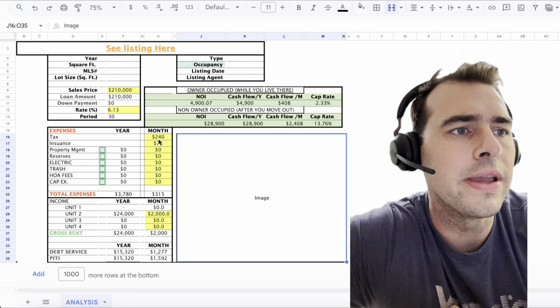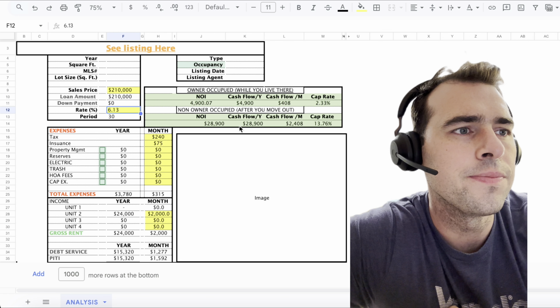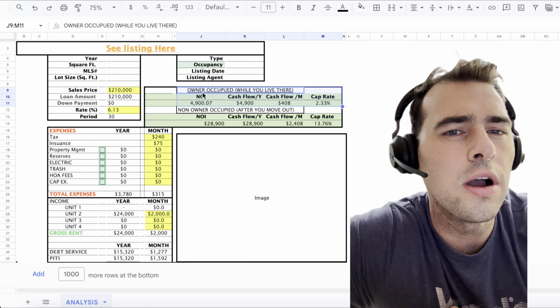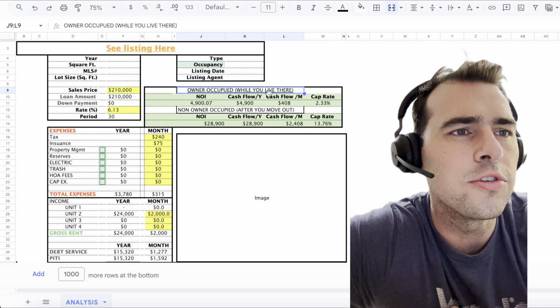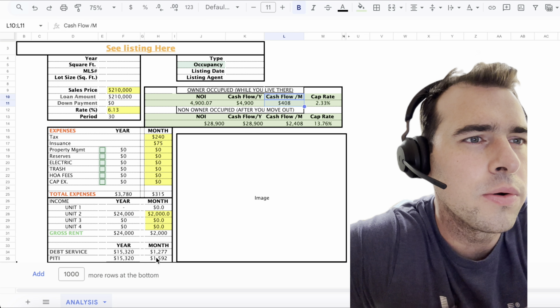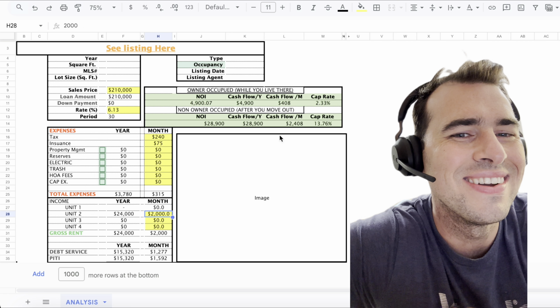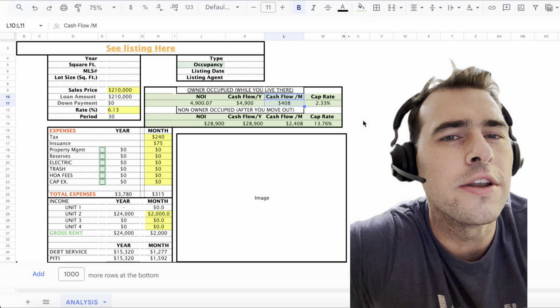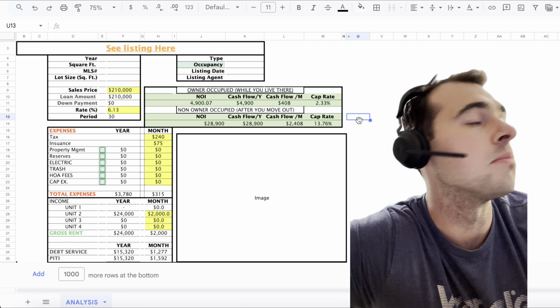So then after we have all the yellow fields input accordingly, we can go up here to the top green box, which says owner occupied while you live there. So we can see the most important number right here is the cash flow per month. So in this crazy made up scenario, our cash flow per month would be $408 per month.